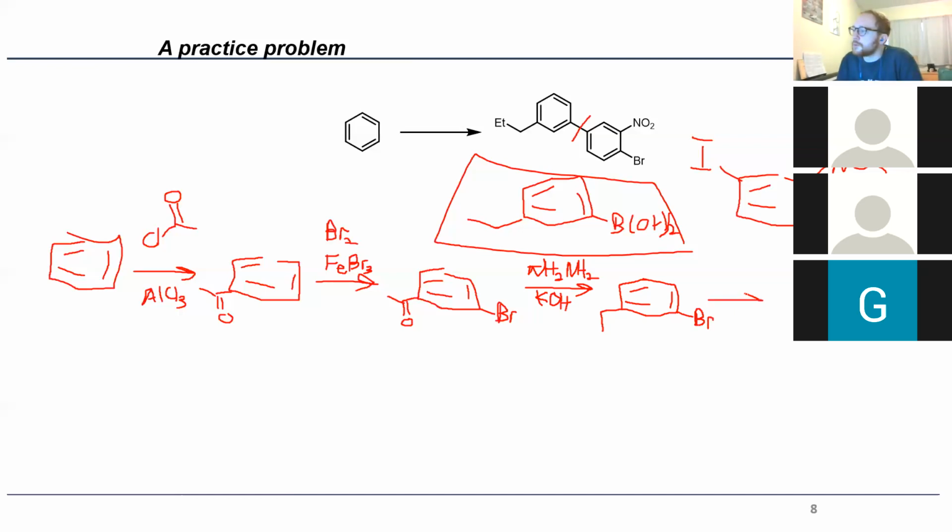And now we can treat this compound with magnesium to form a Grignard reagent, and then react the Grignard reagent with a borane species.